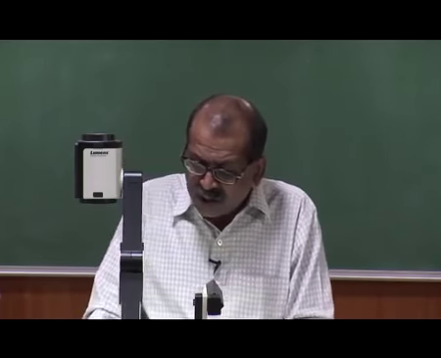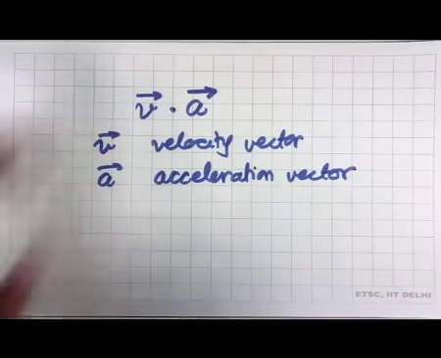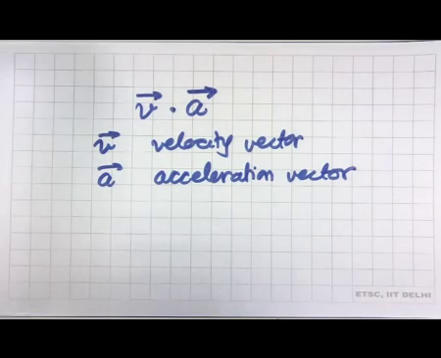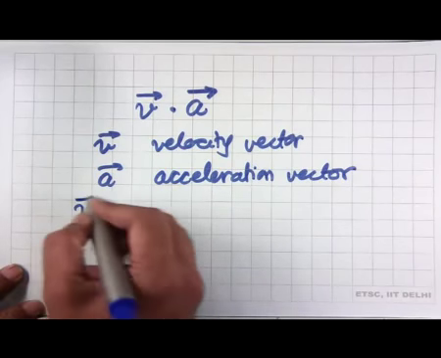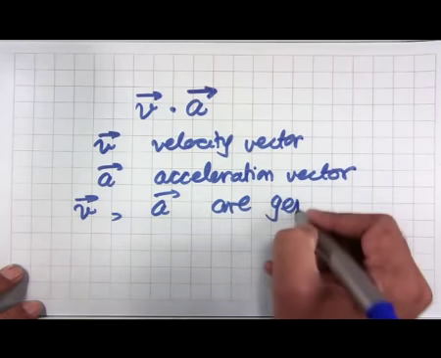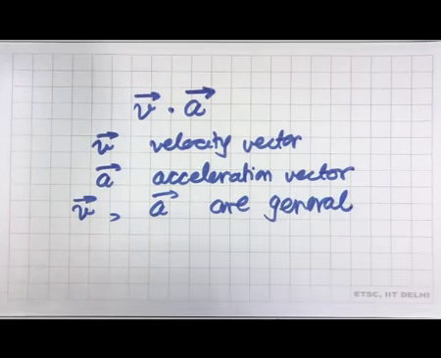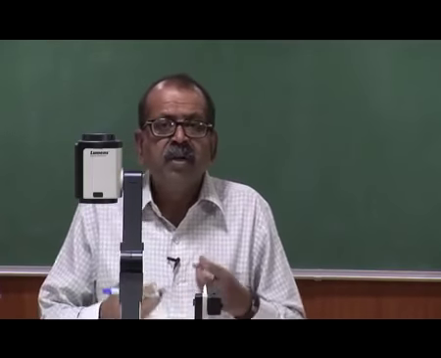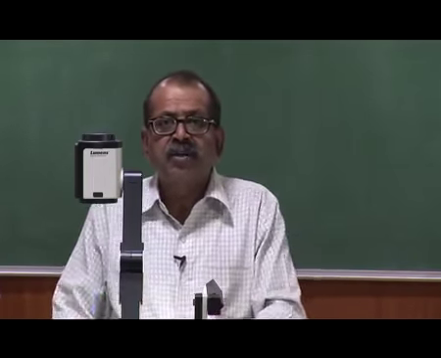Now, we are looking at this dot product of two vector quantities V and A, and both V and A are general. That means they are not constant, they could be varying with time, and they could be in any direction.